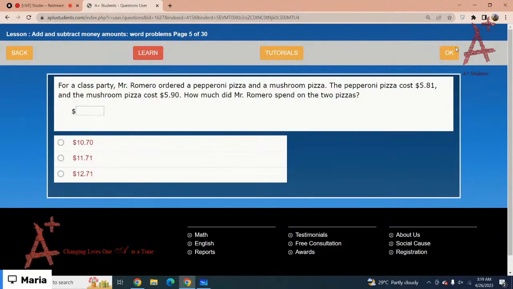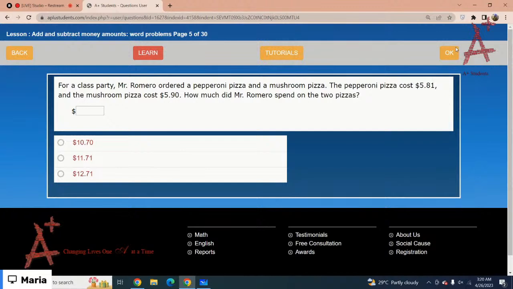Okay, for a class party, Mr. Romero ordered a pepperoni pizza and a mushroom pizza.